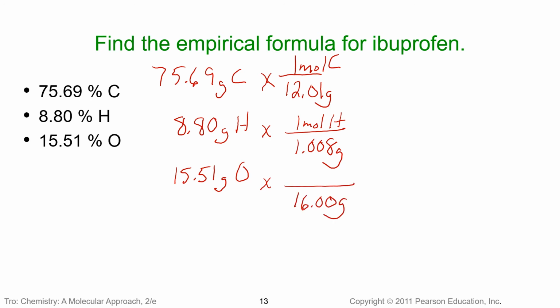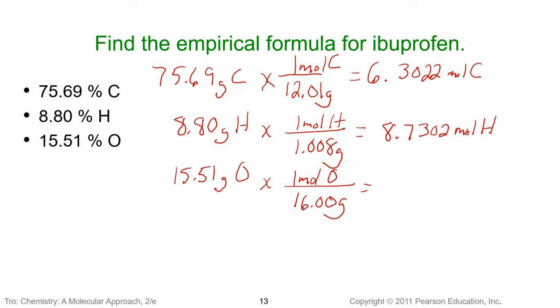These numbers come off of the periodic table. We can do our calculation for each of the elements.